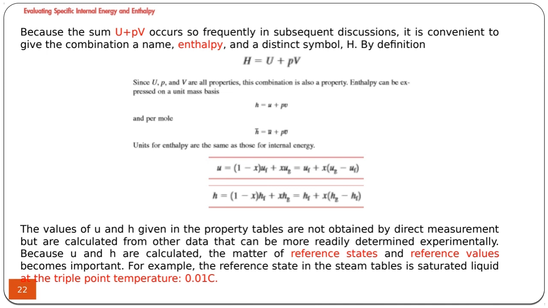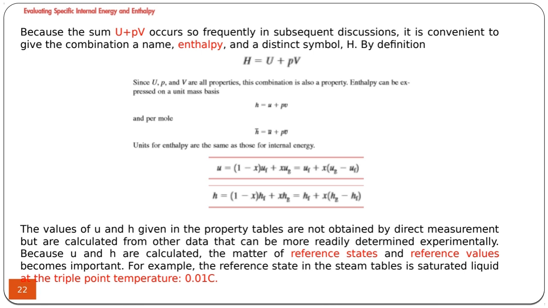So the table gives you enthalpy separately, but if you take a look at the table, you will see that the summation of internal energy from the table plus the pressure times the volume from the table is going to give you the enthalpy.